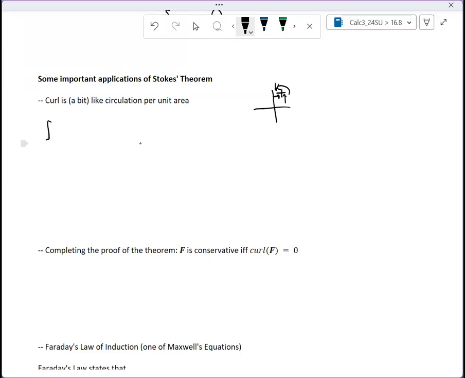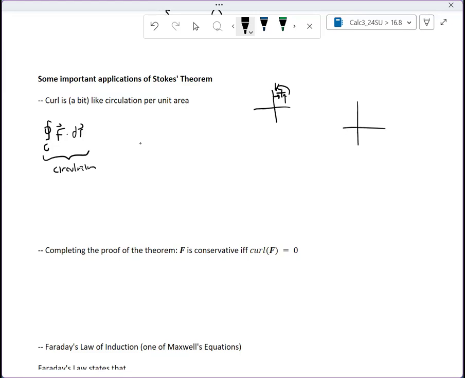Okay, so suppose we have the line integral over a closed curve of F dot dr. In Green's theorem, we had a name for this. We called it the circulation. Again, we can kind of think of this as being like the integral of F dot unit tangent vector dt. So it's kind of like the tangential component of the field going around this curve.